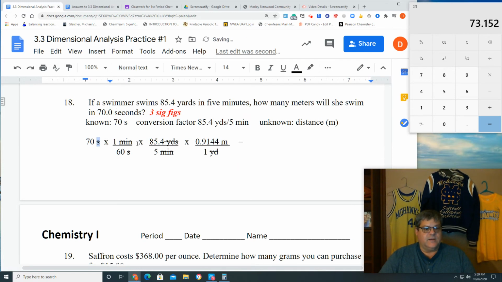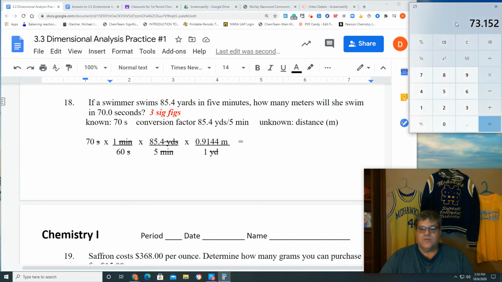I could say you don't have to worry about any of that because I make it faster for you, but then I just give you 10 times the number of problems. So I want you to be precise with all these things. So how many meters will she swim? It's in meters. It looks like it should be good from there.